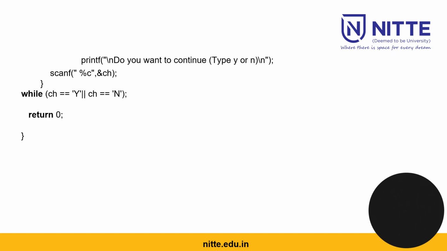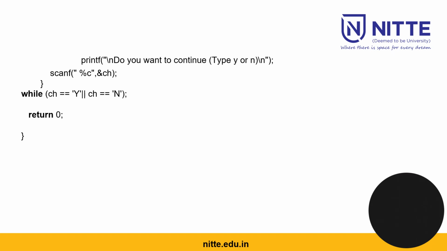Then if you want to continue, it will ask, do you want to continue? So we have to type y or n there. Y means yes, n means no. So if we enter y, then that will be read by the scanf statement, and that will be stored at the address of ch.